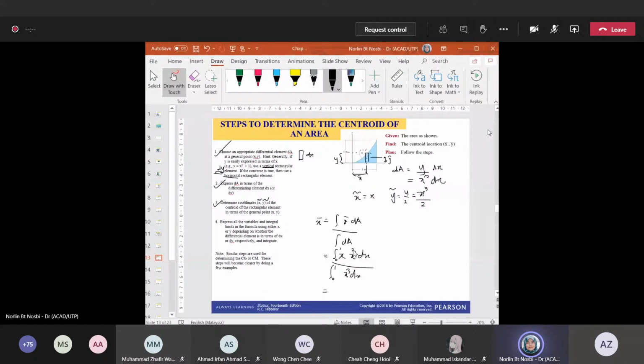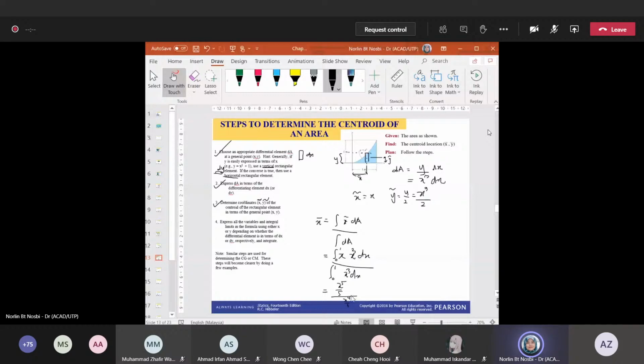When you do the integration, it will be x^5 over 5. Over this one, it will be x^4 over 4.